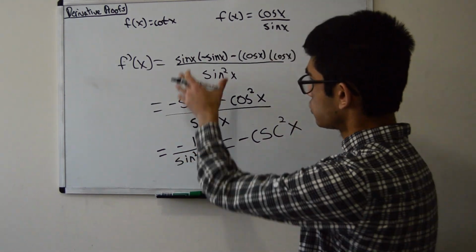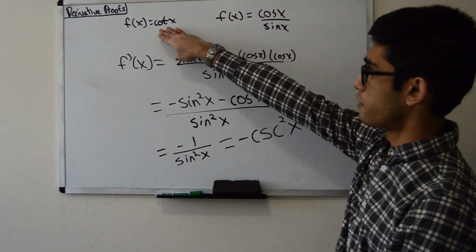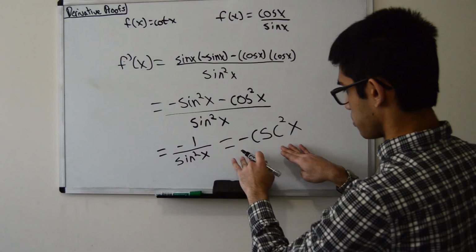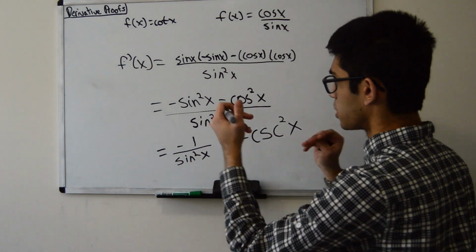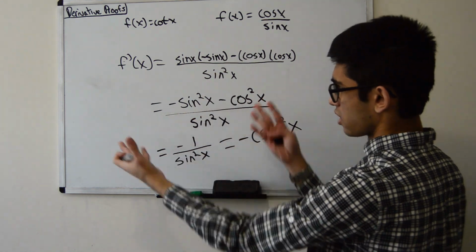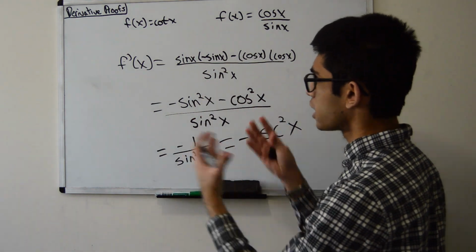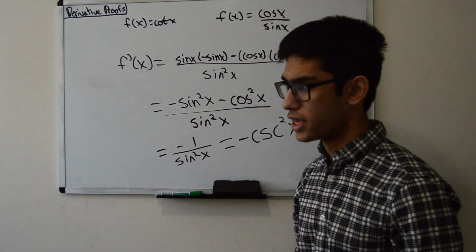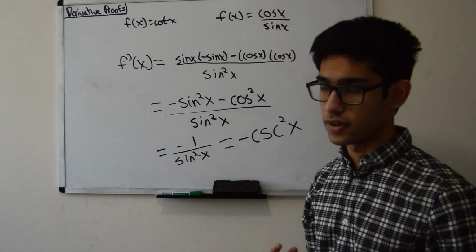So you see where we get the derivative of cotangent x? It's simply negative cosecant squared x because we proved it right here, and it's really not a hard proof. Just seeing where this comes from makes it intuitively easier when we're taking derivatives normally.